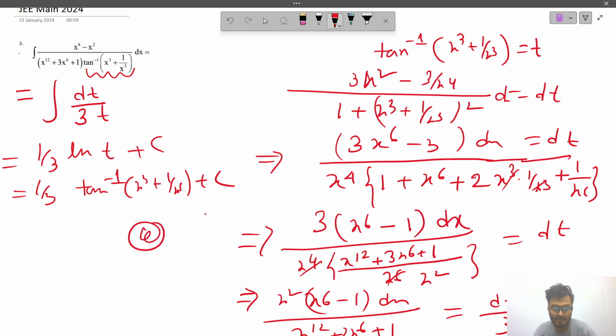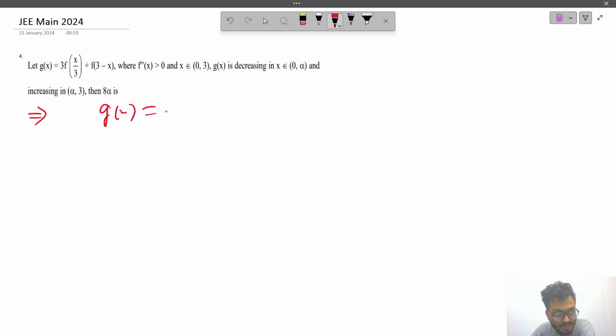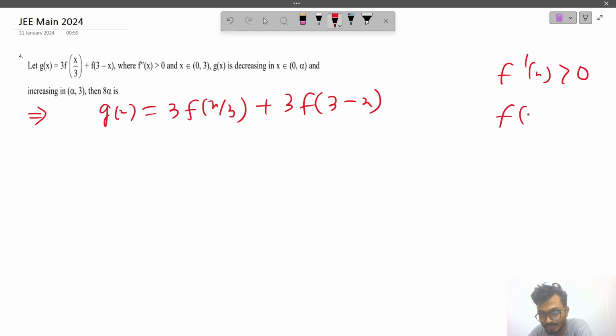Now let's look into the fourth question. In that question it is given that g(x) is like this: g(x) = 3f(x/3) + 3f(3 - x). We are given that f'(x) > 0. That means f(x) is increasing, right? And g(x) is decreasing, it is given.